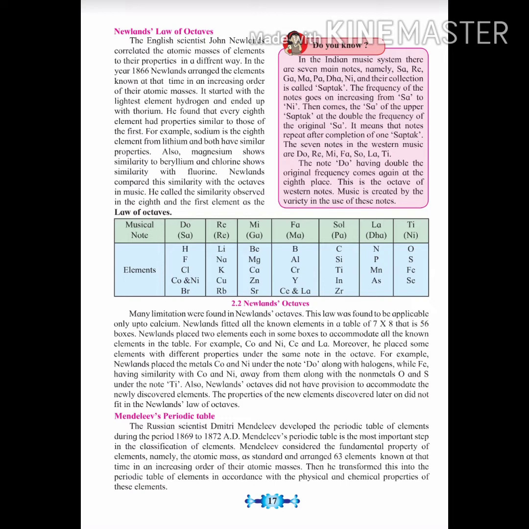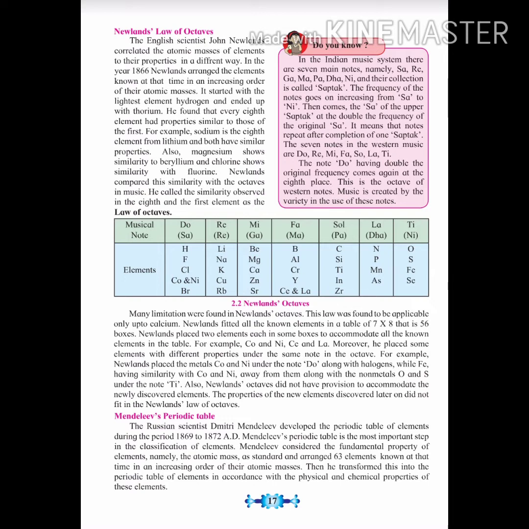Later on, a new theory by the English scientist John Newlands came into the picture, and it was famous. The name he gave for his classification was Newlands' law of octaves. Now, what is the law of octaves? It is like the Western music notes, as we have sa, re, ga, ma, pa, dha, ni, sa.